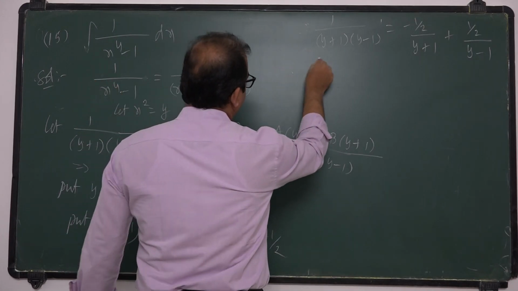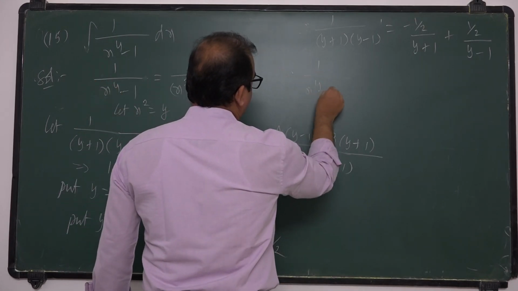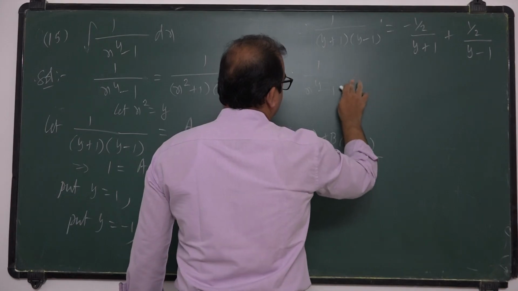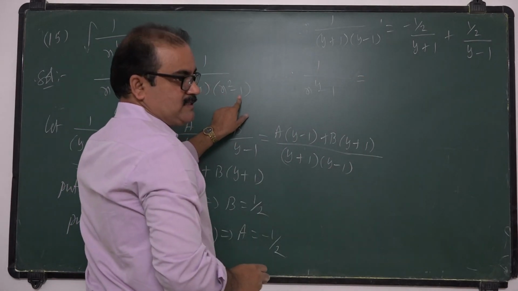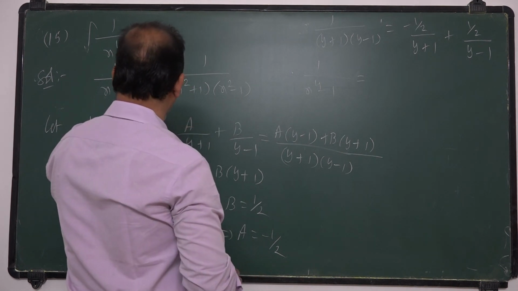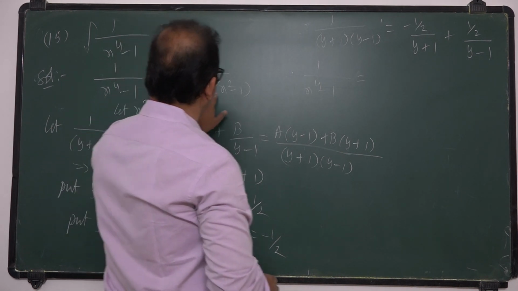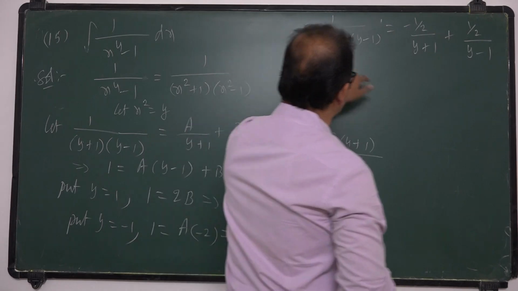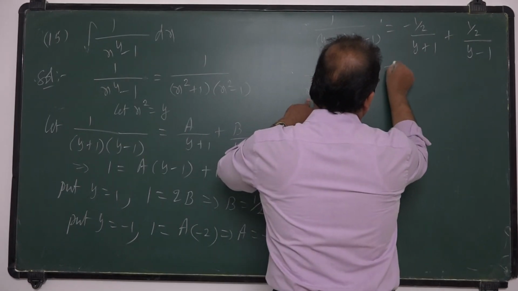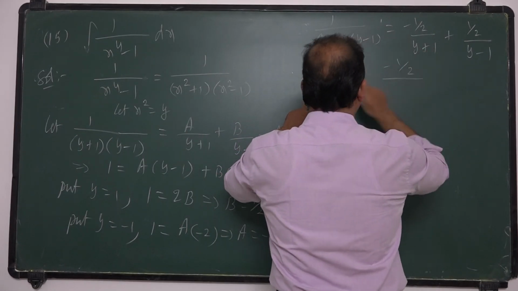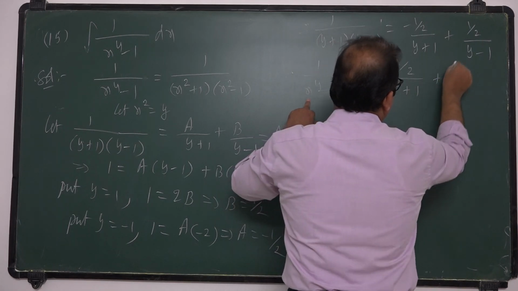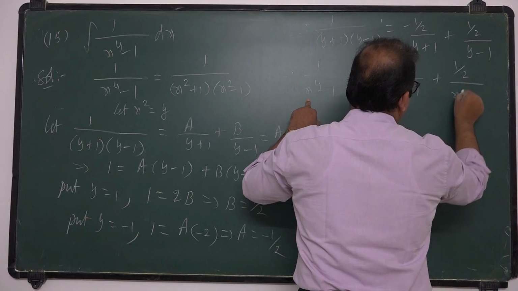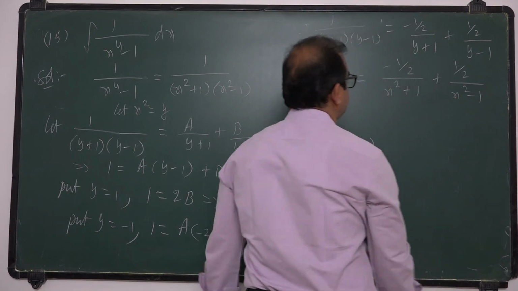Therefore, 1 by x power 4 minus 1 is equal to 1 by (x square plus 1) into (x square minus 1). Already we took x square is equal to y. So this is equal to minus 1 by 2 by, writing this in terms of x, (x square plus 1), plus 1 by 2 by (x square minus 1).